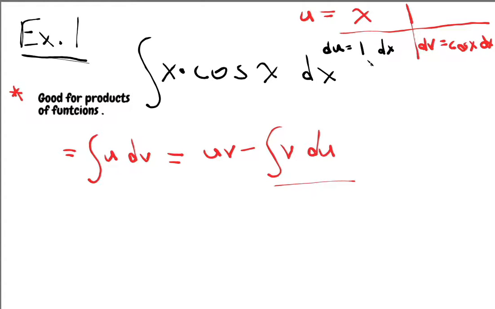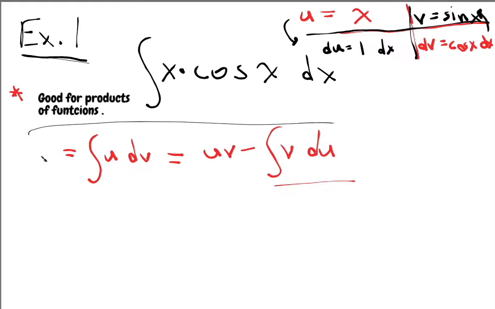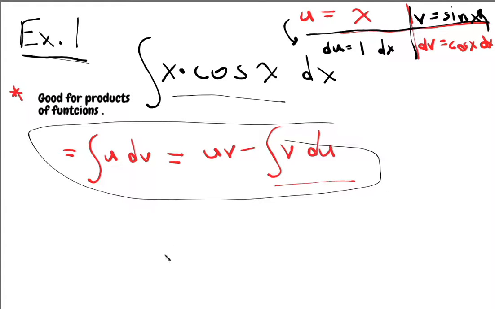And then we also need the antiderivative, the indefinite integral of dv, which would be v, and that's equal to sine x. I like the way this little table is set up because when you're going down, you're differentiating, and when you're going back up, you're finding the antiderivative.